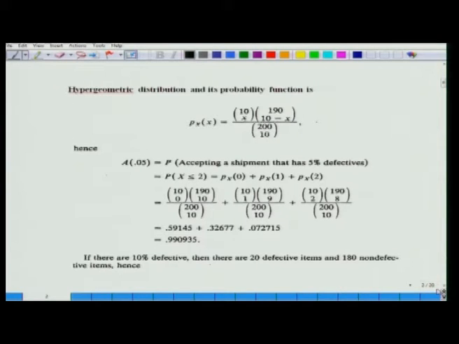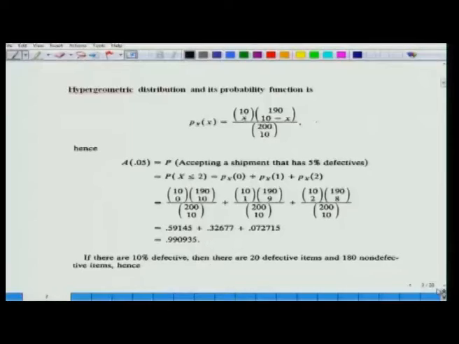So, this is the hypergeometric probability of choosing x defective, or the sample containing x defective. Our sample size is 10. Hence, the probability of accepting a shipment that has 5% defective.